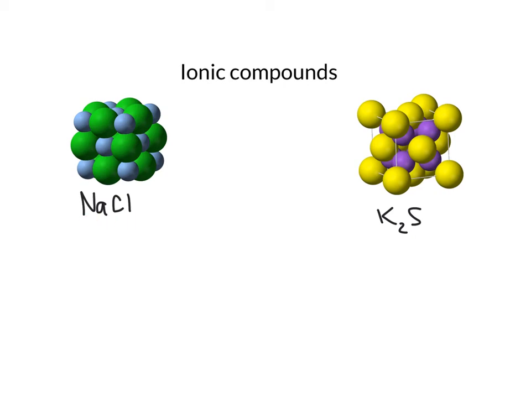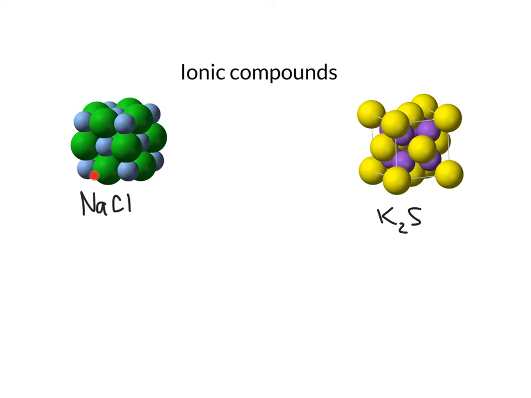So a formula unit for sodium chloride would consist of 1 sodium and 1 chlorine. A formula unit for potassium sulfide would consist of 2 potassiums and 1 sulfur. This works because no matter how much of this sodium chloride compound I take, I will always have 1 sodium to 1 chlorine.